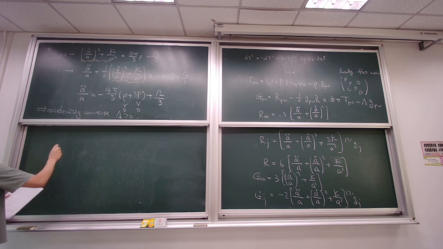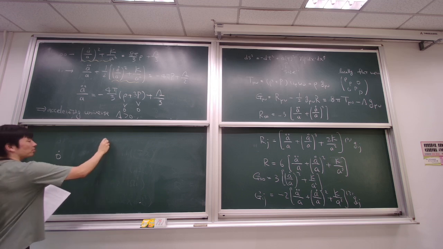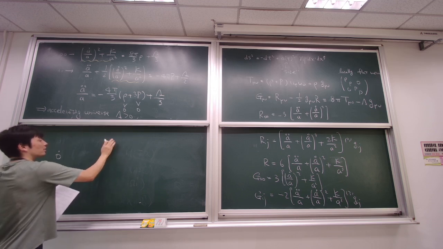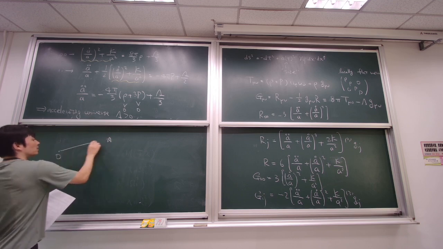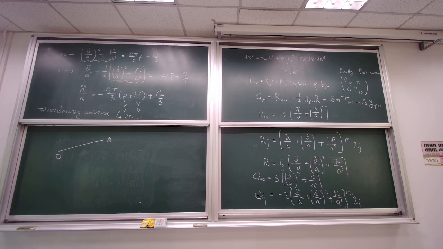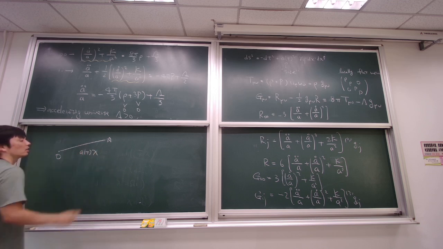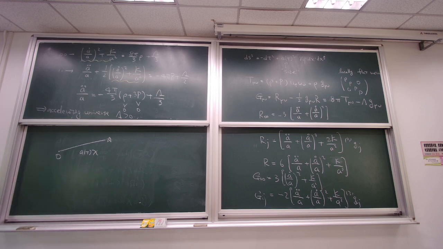So there is an observer O, and then something happens in the universe. There's some star, and the distance between them can be understood as essentially A times chi. Okay, so the length is like this. Therefore, as time goes by, how will this length change?